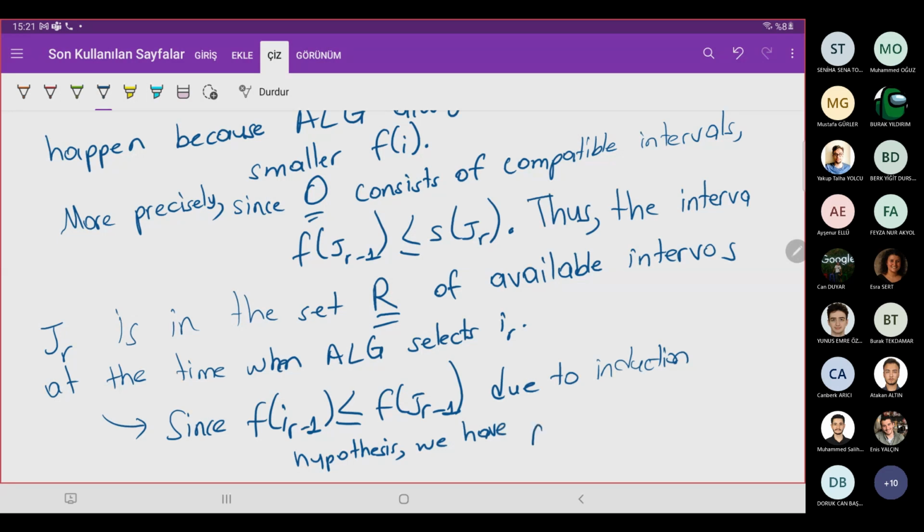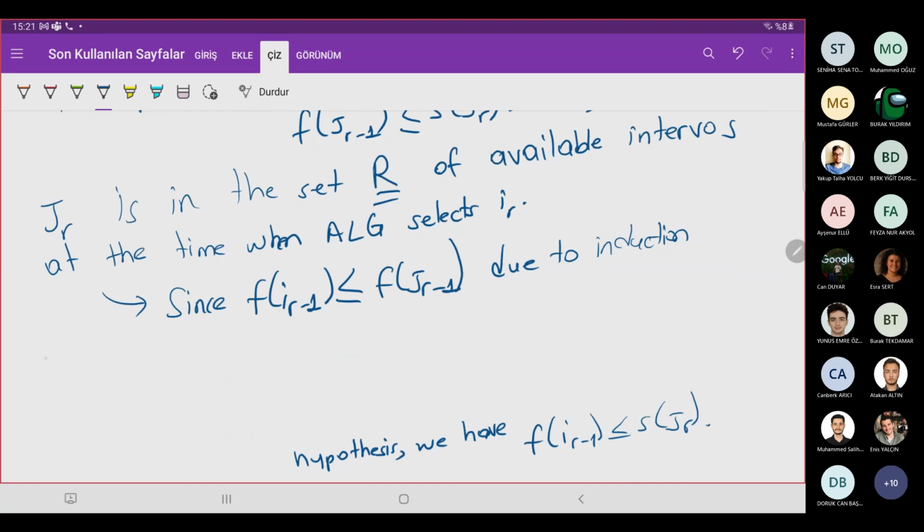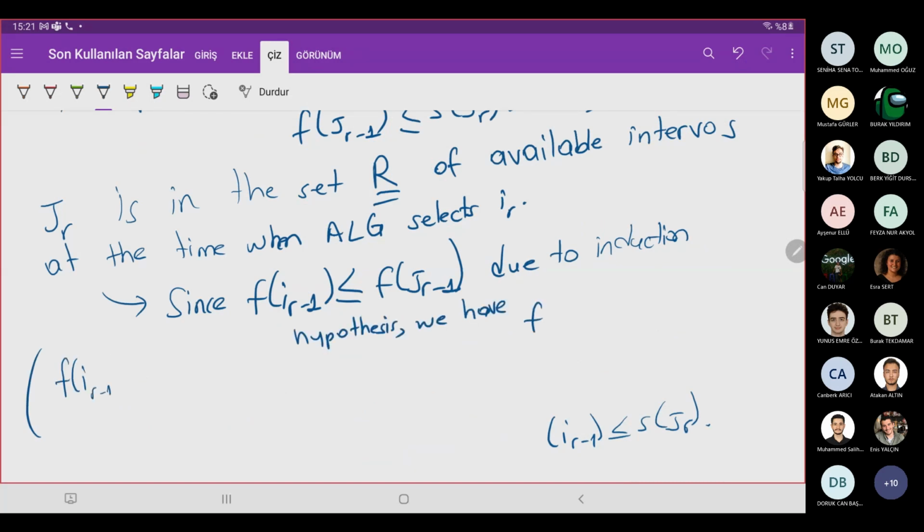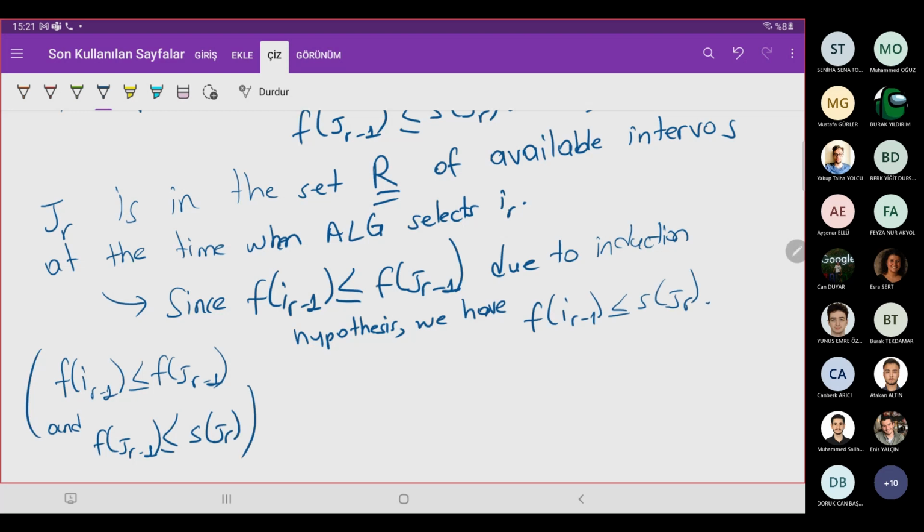We have f i r minus 1 is less than or equal to s jr. Okay. So it's like f i r minus 1 is less than or equal to f j r minus 1, and f j r minus 1 is less than or equal to s jr. So it was available, but it didn't select it. So that constitutes a contradiction.